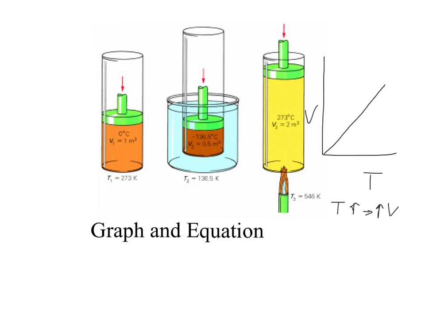So here we have V1 over T1 equals V2 over T2. I'm sorry, V1, not P. My bad.